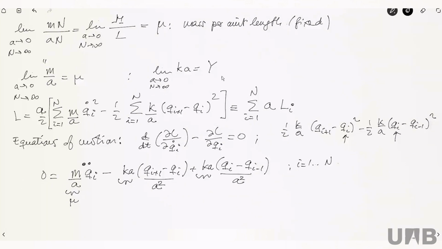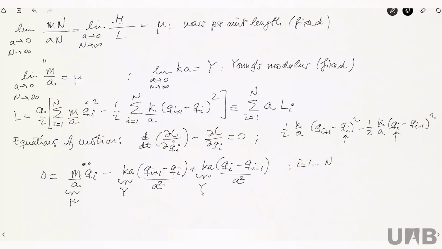I'm going to call it y, and this y has a name. It's called Young's modulus, and it is also fixed. Young's modulus is something that tells you how elastic a rod is. So that's going to be y, and this is also going to be y.